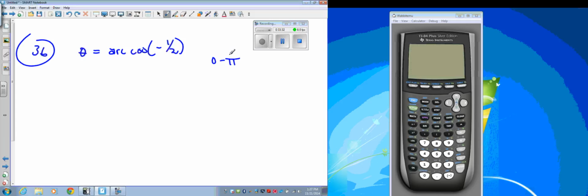So where is it going to be minus 1/2? Pi over 6. But that's how many degrees? Pi, no, pi, not pi over 6. 2 pi over 3. Which is what? 120 degrees.